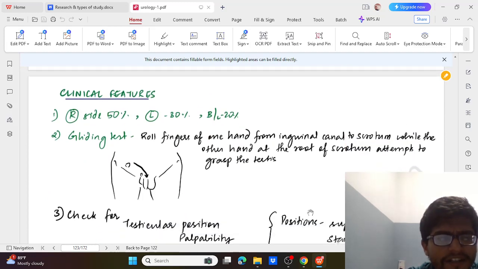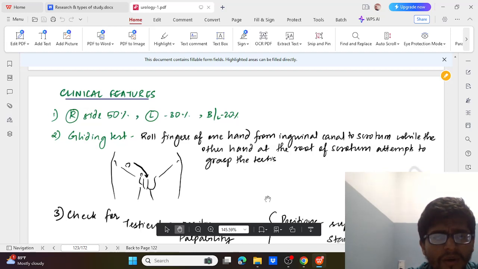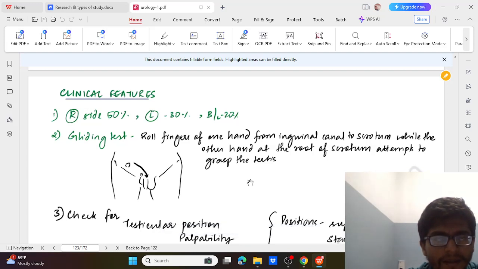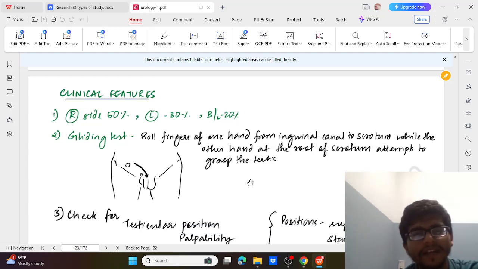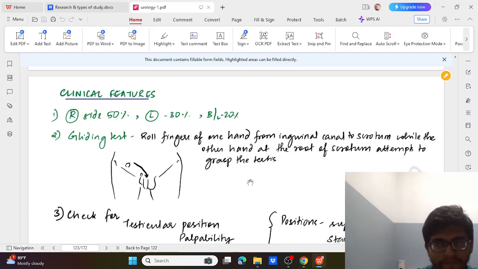Then we come to clinical features. It is right side in 50%, 30% left side and 20% bilateral. Then we have a gliding test where we roll the fingers of one hand from the inguinal region to the scrotum while the other hand at the root of the scrotum attempts to grasp the testis.